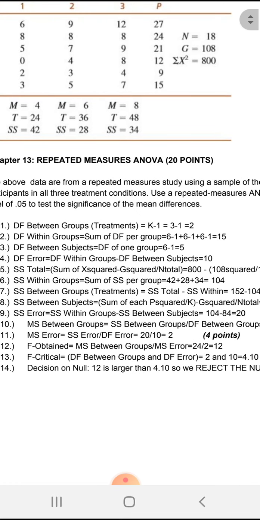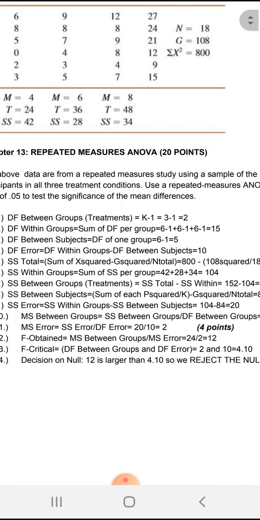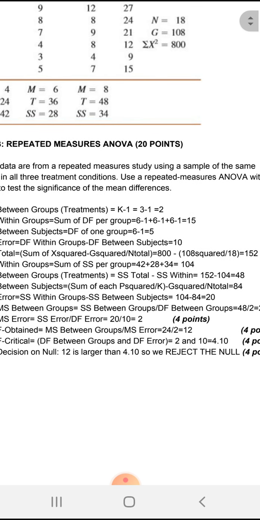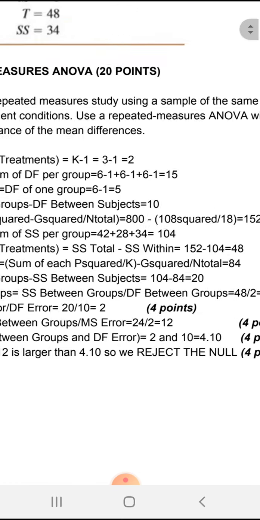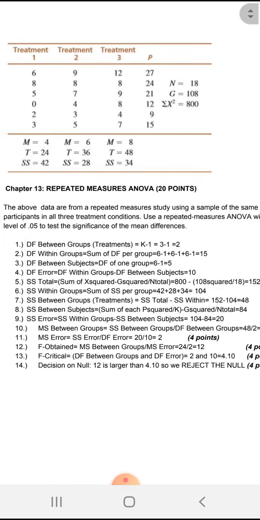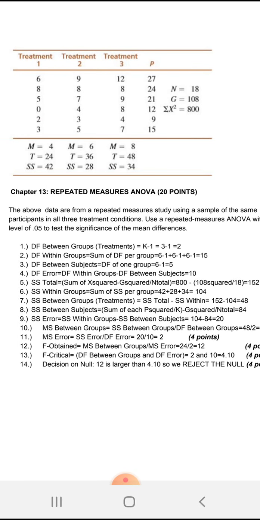Next, we need SS error, which is SS within groups minus SS between subjects. So that is 104 minus 84, which we just did, and that equals 20. So now we have all the degrees of freedom and all the sum of squares.